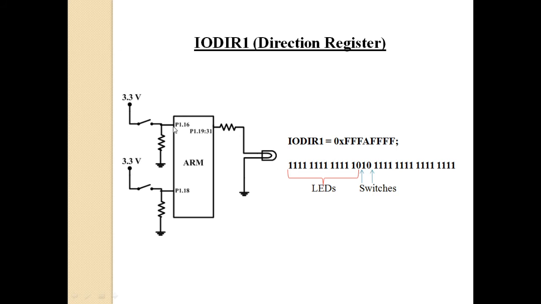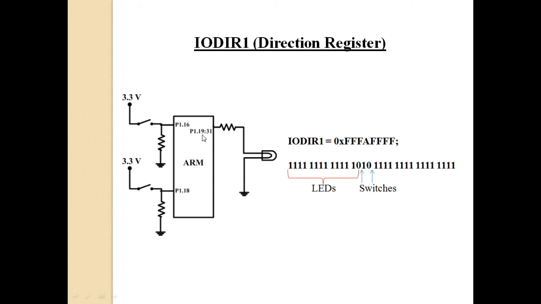Why? Because these two pins should be configured with direction as input, because you are connecting an input device, a switch, here, right? So wherever you are connecting an input device, that should be configured with 0. That means you are configuring it as input.